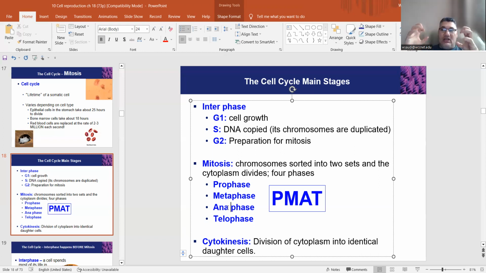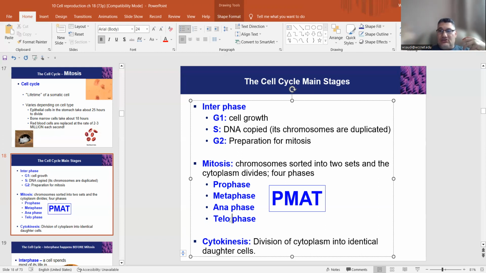Ana means apart. I'm giving you the exact translation, by the way. If you look it up, you will find this is the translation from Greek and Latin to English. So ana means apart. Instead of being together, you start to separate. Telo means distance or away. Think about it: why did we call it the telephone?